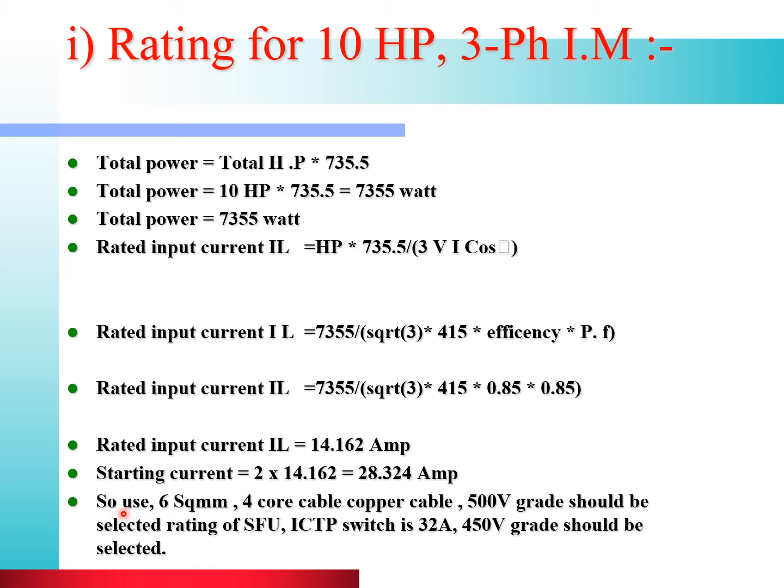So from that table we use 6 square mm 4 core copper cable, 500 volt grade should be selected. The rating of the ICDP switch of 32 ampere 450 volt grade should be selected. So from this current you have to select the cable and the ICDP switch rating.